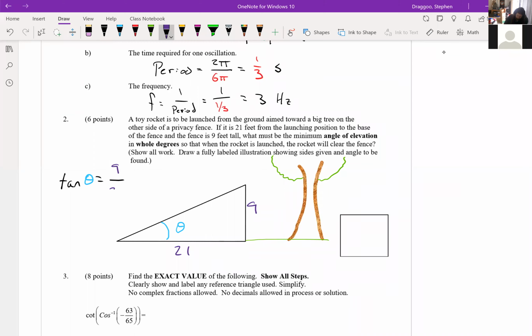So 9 over 21, or 3 over 7. Meaning that theta is equal to the inverse tangent of 9 over 21.